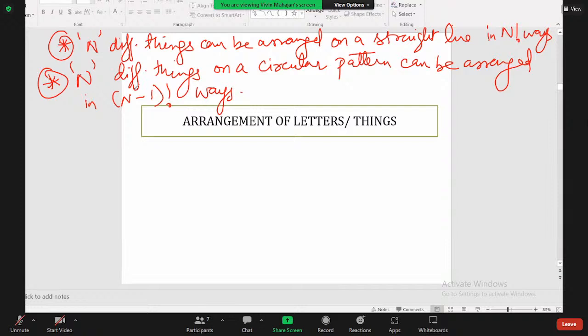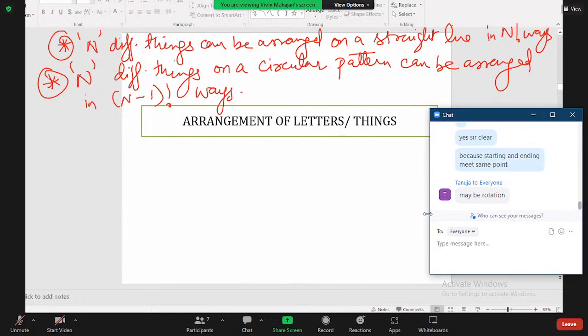Starting and ending point is the same, maybe rotation. So Sandeep, starting and ending point is same, so we subtract 1.